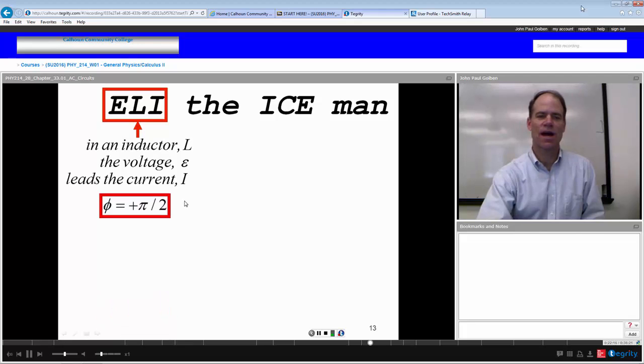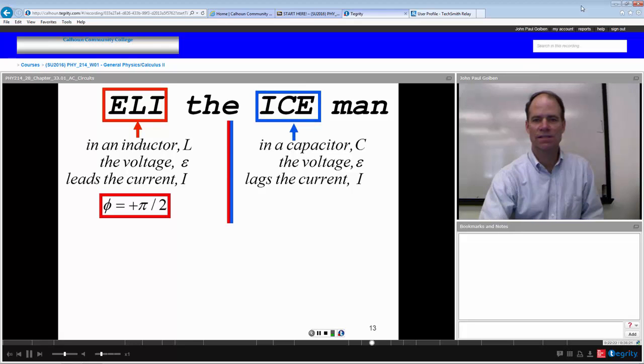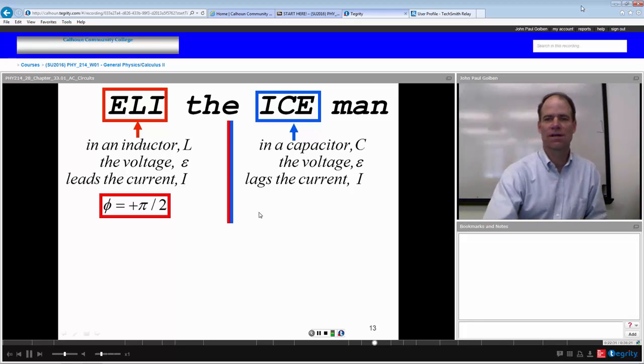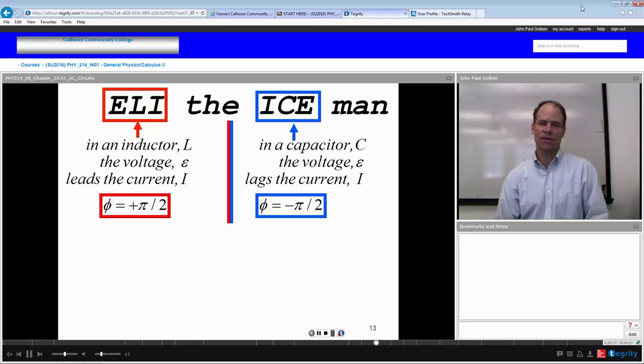We can describe that as a positive phase of 90 degrees or pi over 2. Whereas in a capacitor, the current leads the EMF, the voltage. So the current comes before the voltage. We can describe that as a phase relationship of negative 90 degrees or negative pi over 2.